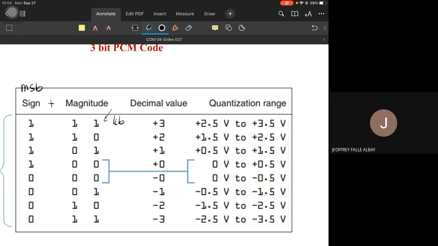Because again, the output of the PAM signal is discrete, okay? When I say discrete, it is defined, not necessarily an integer all the time, but at least defined. It is not analog in the sense that it has an infinite amount of possible values, but it is defined nonetheless.